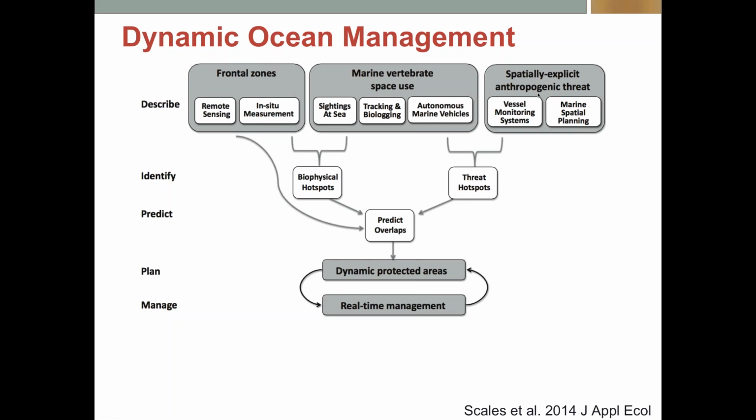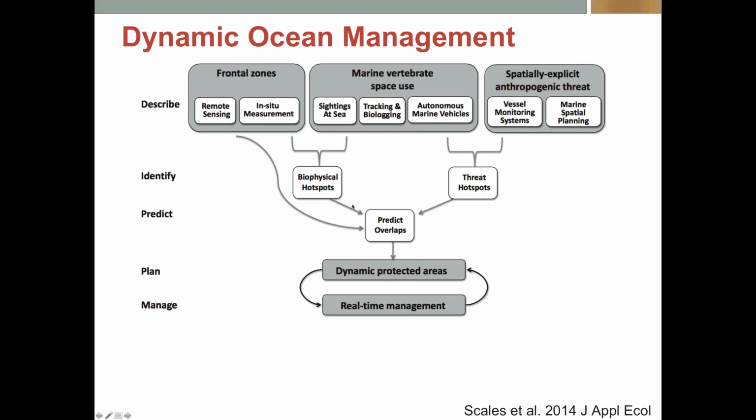So with the oceanographic data combined with the vertebrate space use, we can develop these biophysical hotspots, essentially where we have underlying features that determine high use by these species of concern. At the same time, the overlap between the species and threat in that sensitivity exposure framework can come up with these key threat hotspots.